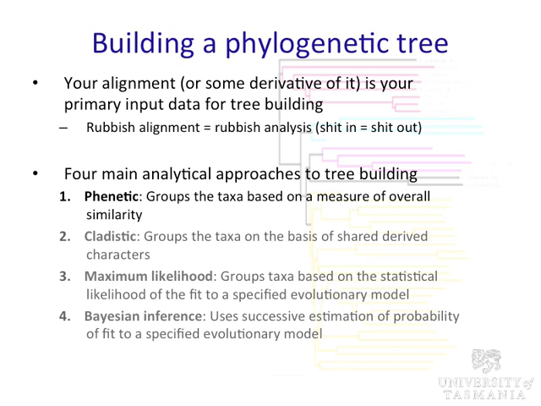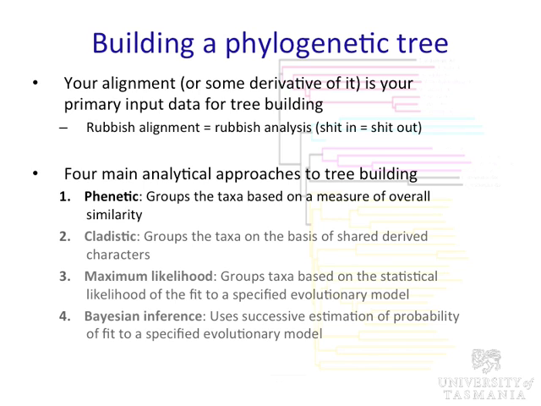These last 2 approaches, maximum likelihood and Bayesian inference, are more statistical approaches. So basically, maximum likelihood groups the taxa together based on likelihood of fit to a specified evolutionary model. So first we construct a model of how we think that particular DNA has been evolving in terms of rates and things like that, evolutionary rates.